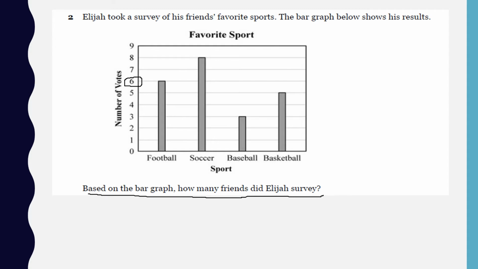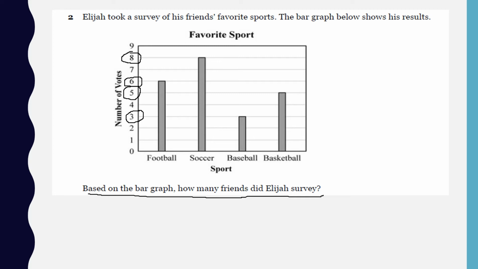Also shows me that 8 of Elijah's friends, their favorite sport was soccer. For baseball, 3 of Elijah's friends' favorite sport was baseball. And last, basketball, 5 of Elijah's friends' favorite sport was basketball.